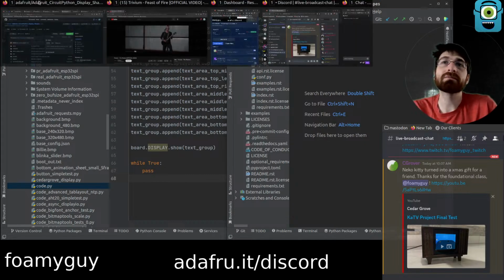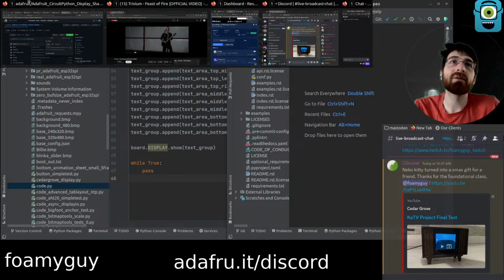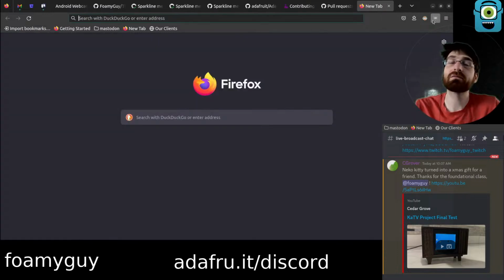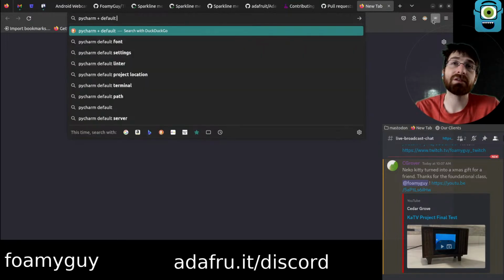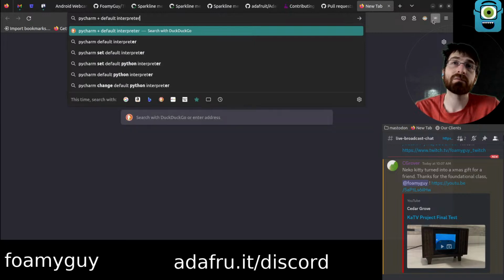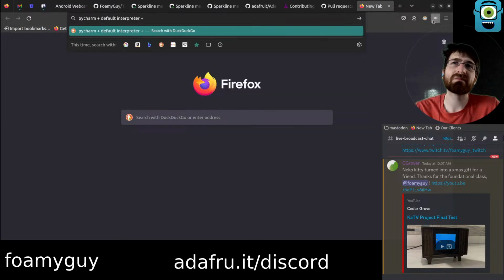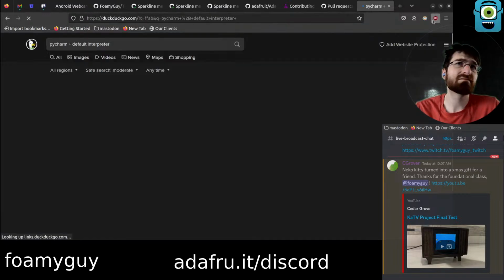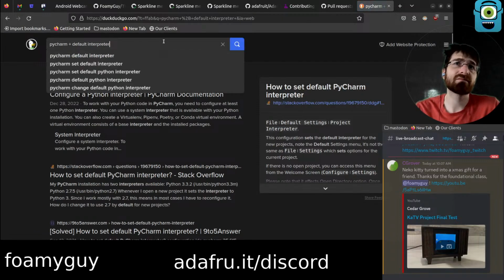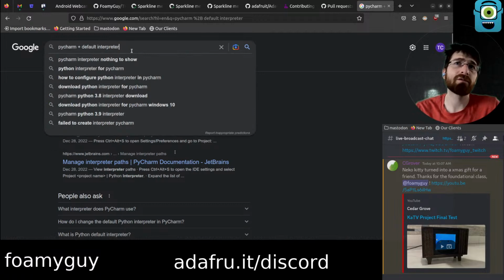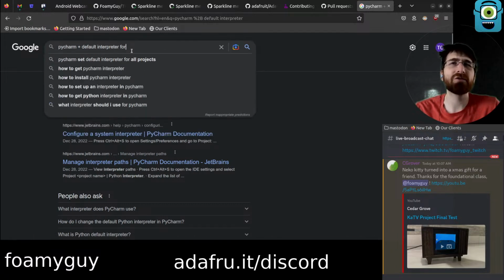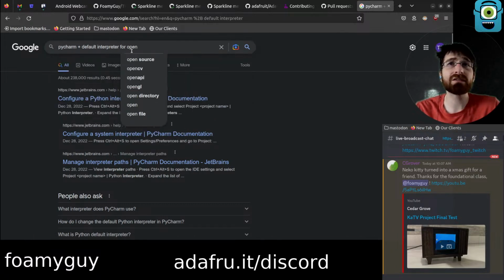Okay. This is not a rabbit hole I want to go too far down, but I want to at least try. PyCharm plus default interpreter. For new projects, for opened projects.